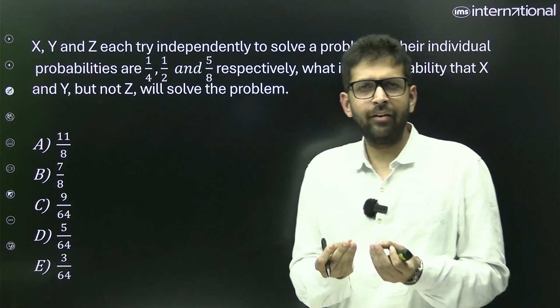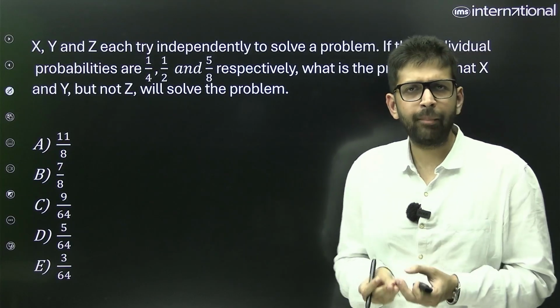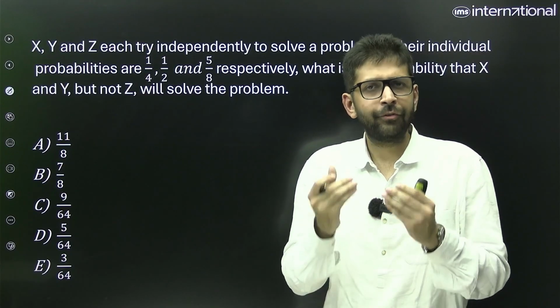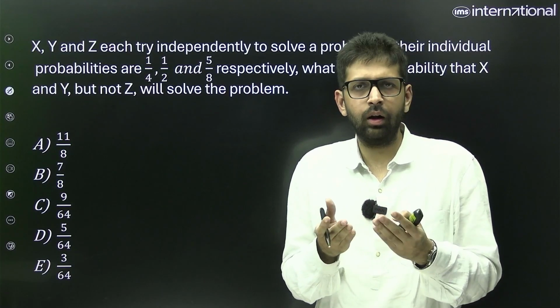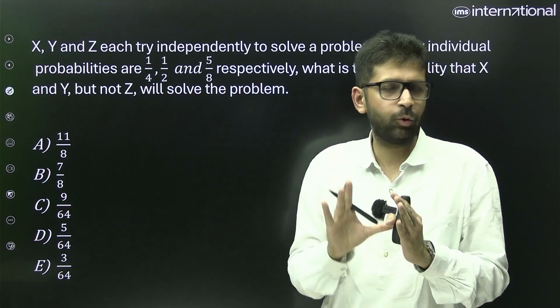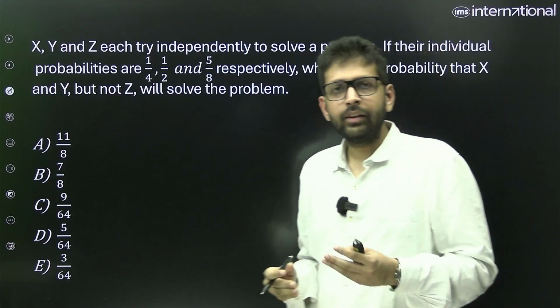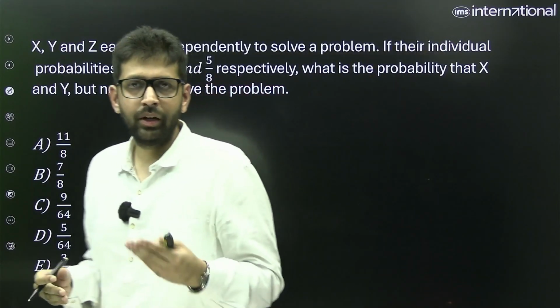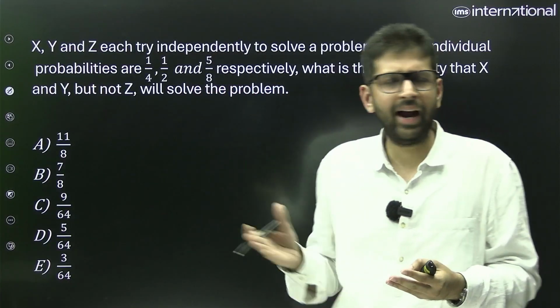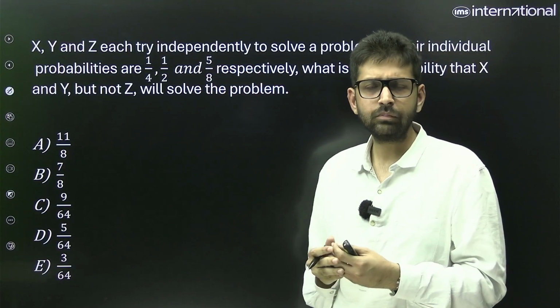Alright, so it's a very basic question on probability, and if you are not thorough with your concepts on probability, don't worry. Firstly, get acquainted with all the nitty-gritties of probability, and then if you try to solve this question, this is going to be a very easy one, right? The point I'm trying to make in this question is how do we solve this question? There are these 3 people and some data has been given to us.